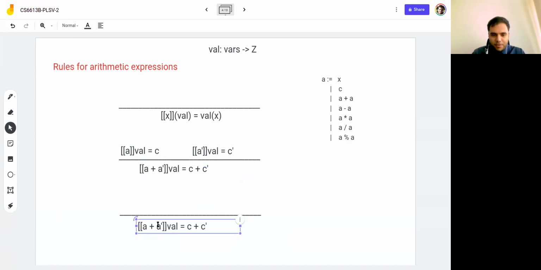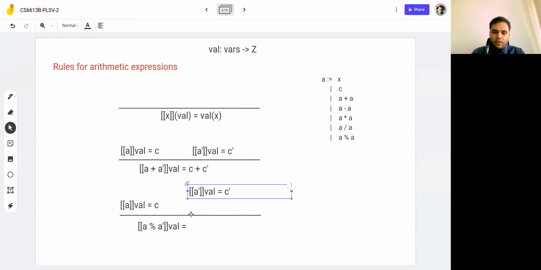So how do you define the mod operator? So again, let's say that we have these assumptions that the evaluations of A and A prime are C and C prime.